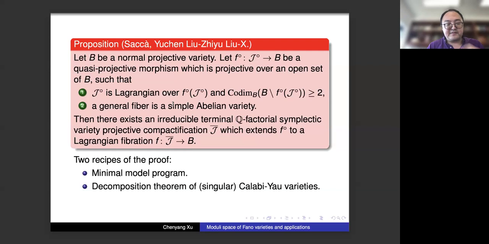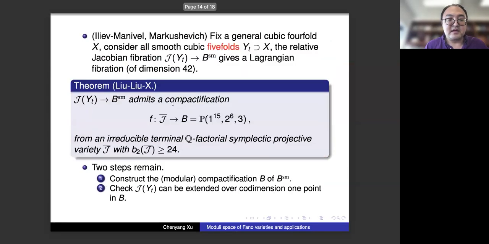So anyway, to prove this kind of compactification, we need 2 ingredients: one is the minimal model program and one is the decomposition theorem. But these are just 2 general theorems. And as a result, we just get some irreducible symplectic variety, but it may not be smooth, only terminal and Q-factorial.